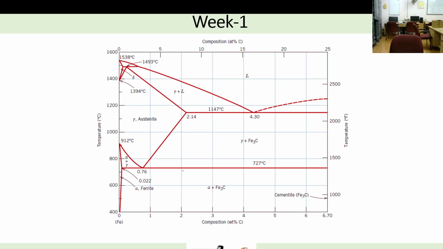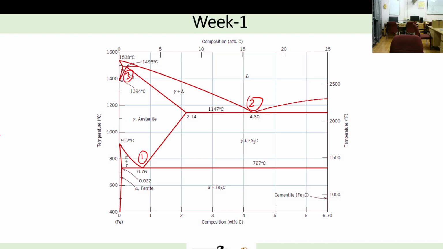For our area of interest, we'll be considering this area in more detail. If you talk about the reactions or phase transformations involved when you heat or cool, there are mainly three types of transformations involved in the iron carbon system. The first one is here, reaction 1, the second one is here, and the third one is here.